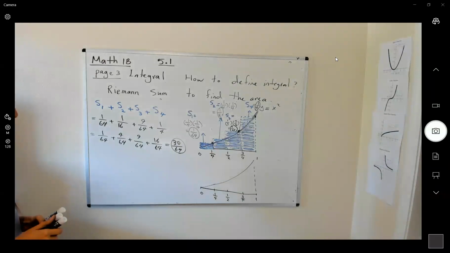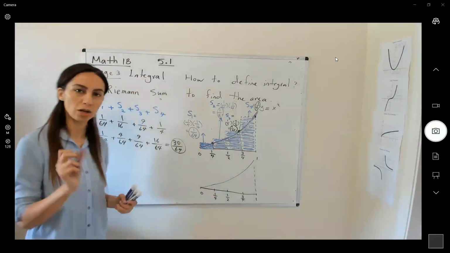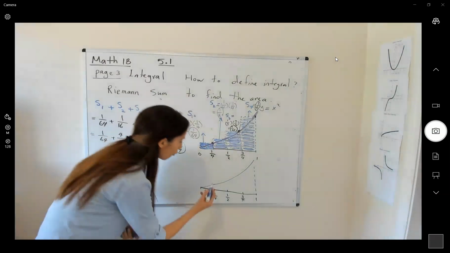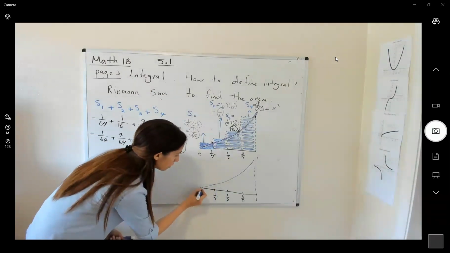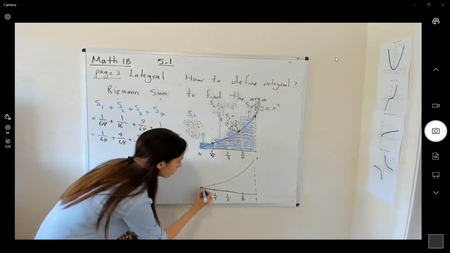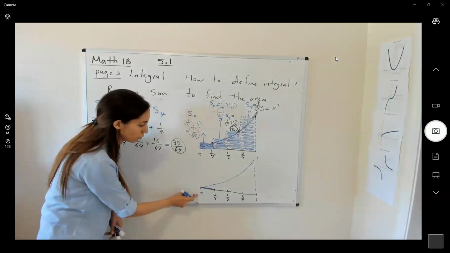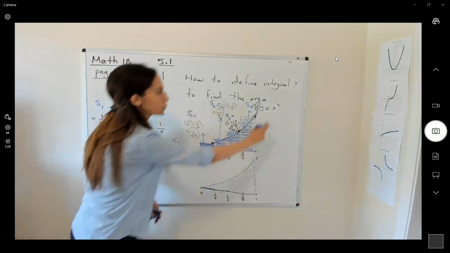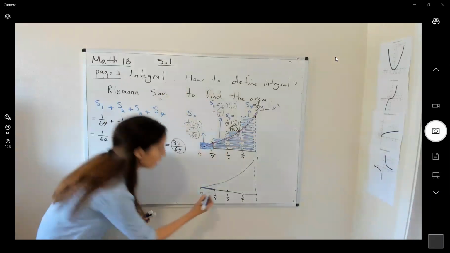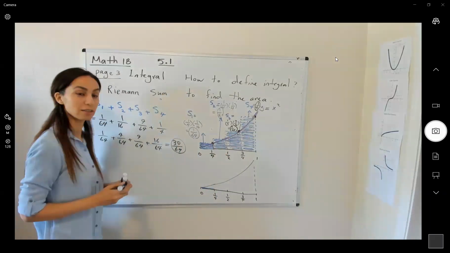So I say that on the first subinterval, I'm going to form the rectangle with length of 1/4 and height 0. If I plug in 0 into y equals x squared, I get this flat rectangle.